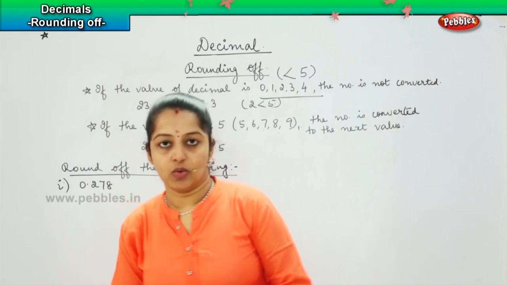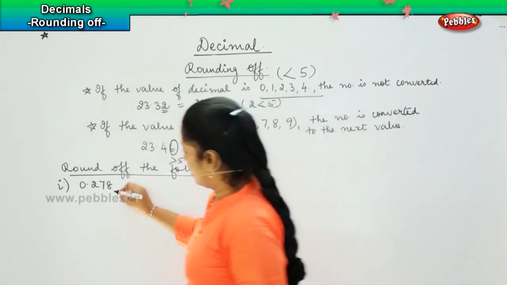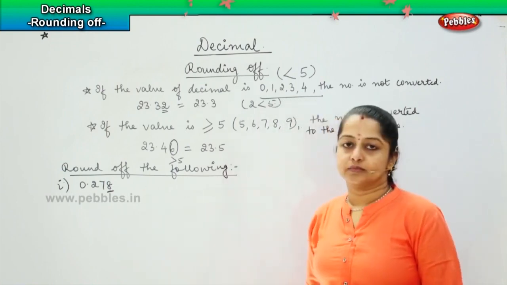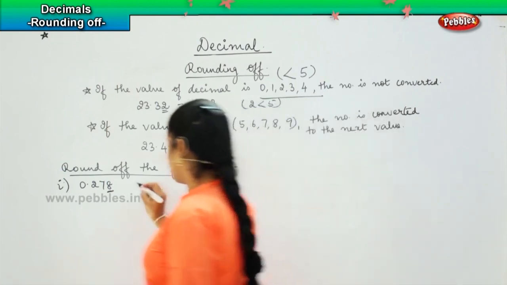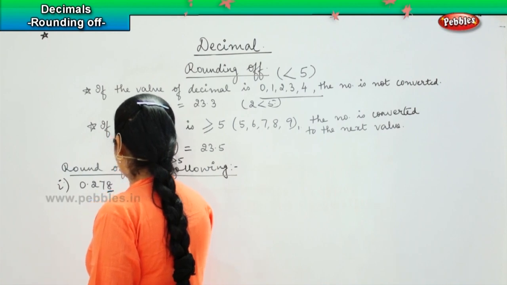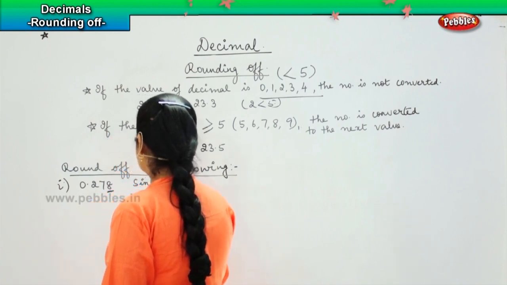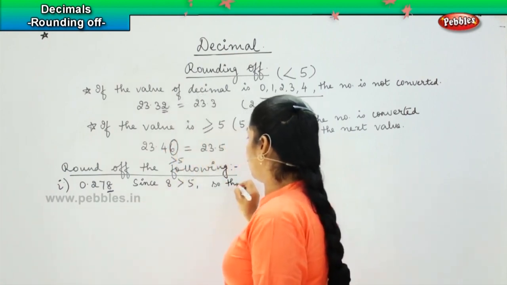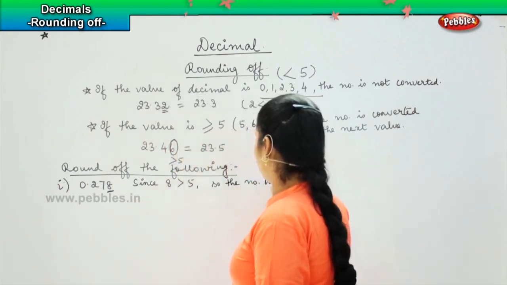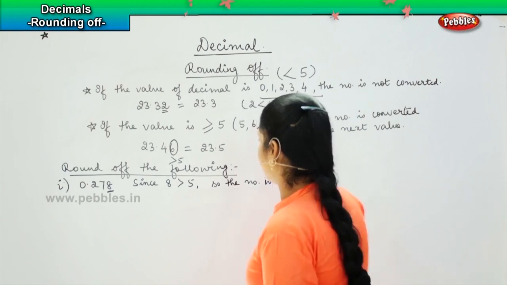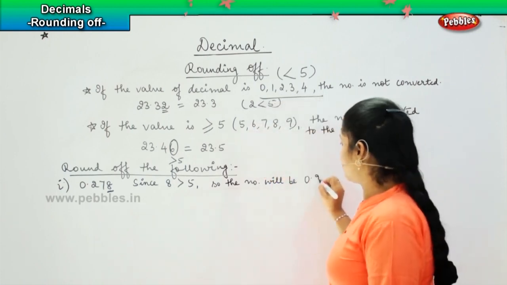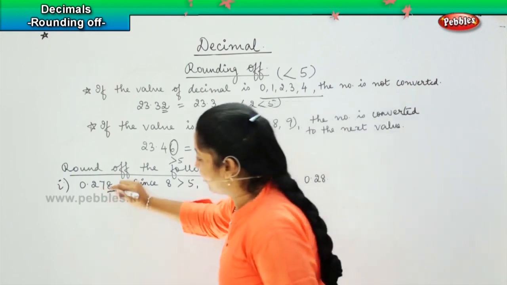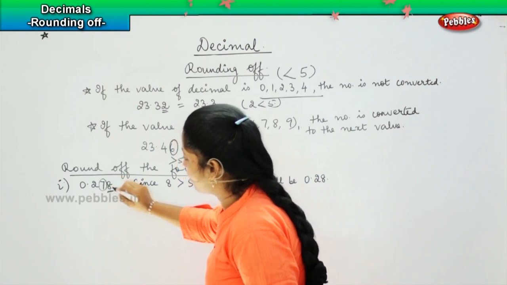Now we have to see the value that is towards the end. So what is 8 here? 8 is greater than 5, right? So since 8 is greater than 5, the number will be 0.28, which means that this 7 will be converted into 8.